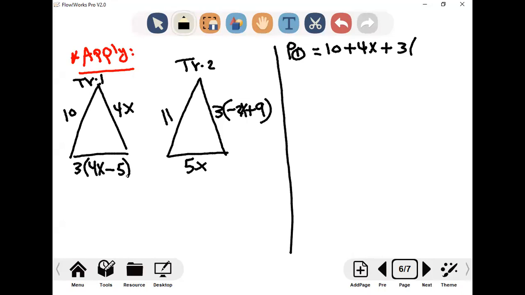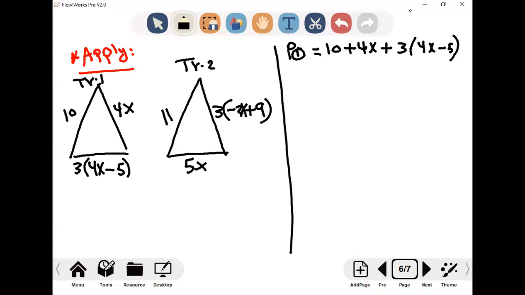But the question said find the perimeter in simplest form. To make the simplest form, if we have parentheses, first you need to get rid of the parentheses. Remember the order of operations? How do we get rid of this parenthesis? We use the distributive property that I explained before.